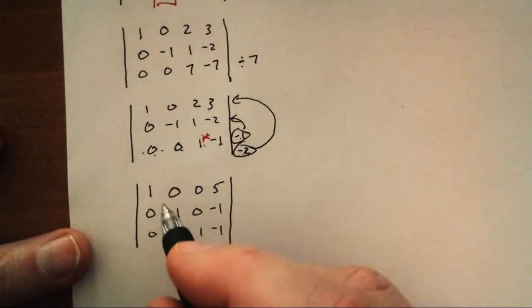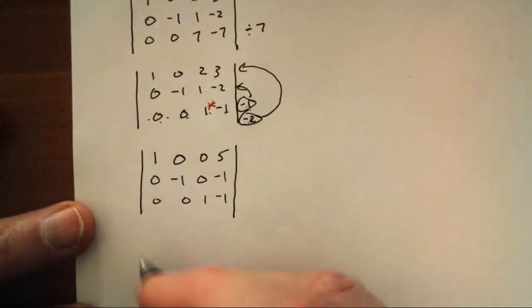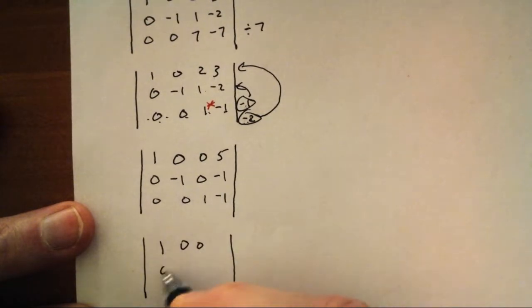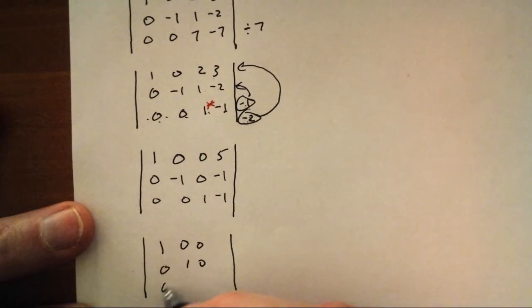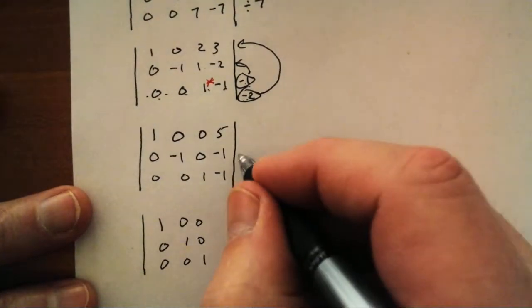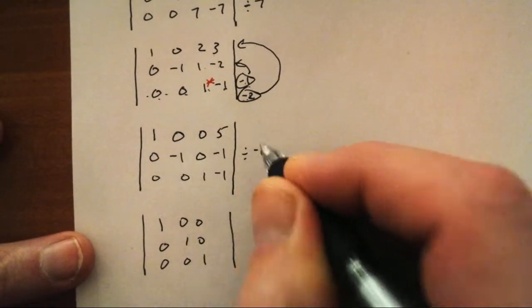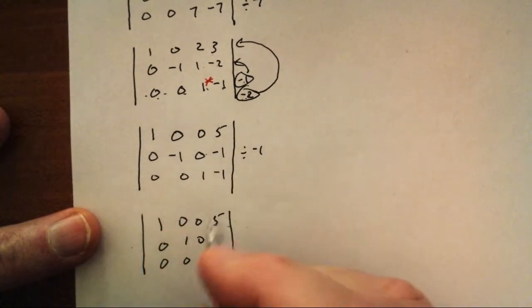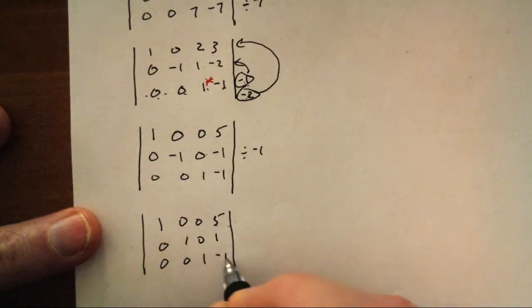And last thing I want, for row-reduced echelon form, we want to end up looking exactly like that. And I'm going to explain why in just a moment. So I need to either multiply or divide this by -1. So 1, 0, 0, 5, 0, 1, 0, 1, and 0, 0, 1, -1.